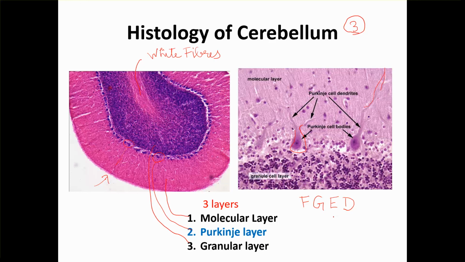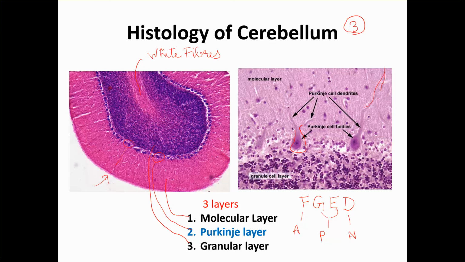The fastigial is related to the archicerebellum, the old one. Then the globose and emboliform are associated with the paleocerebellum, they both are related to the paleocerebellum. The dentate is related to the neocerebellum.